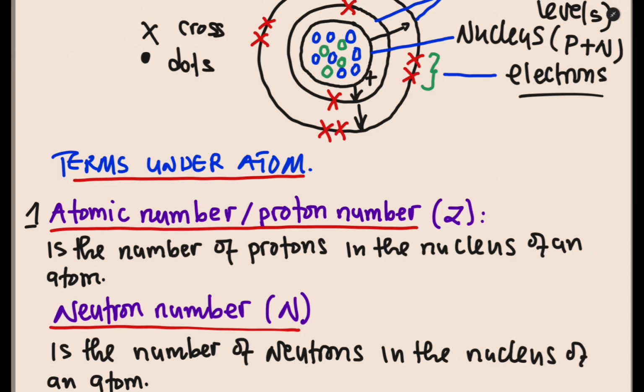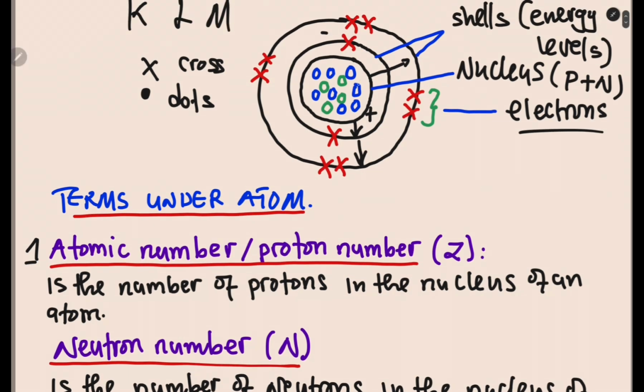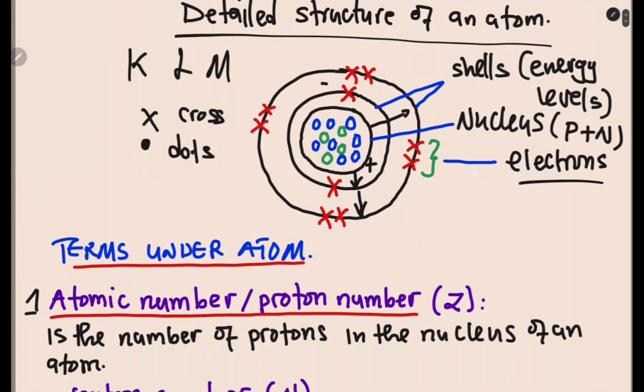To define an atomic number, we say an atomic number is the number of protons in the nucleus of an atom. So the nucleus that you are able to see here, which is the center, the number of protons, if we were to count them, is what we call atomic number. I think I should have put a key somewhere.